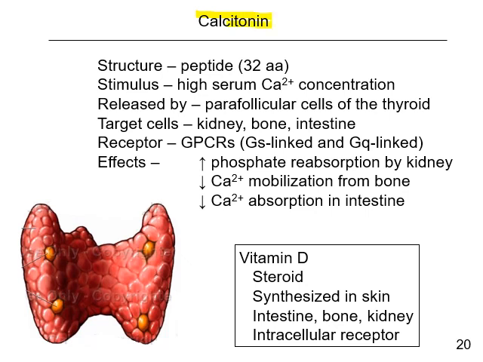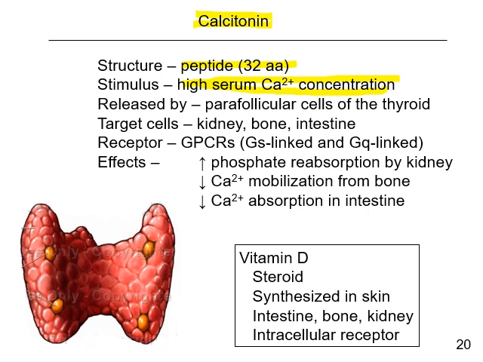Calcitonin is the antagonist. So if your serum calcium is high, then calcitonin tends to help reduce it back into a normal, healthy range. So calcitonin is a peptide hormone. It is also produced by the parafollicular glands.